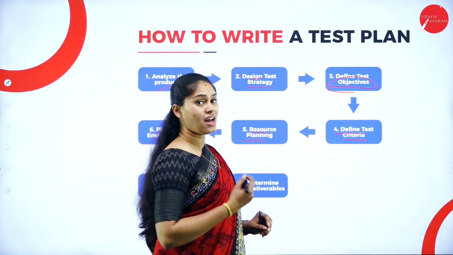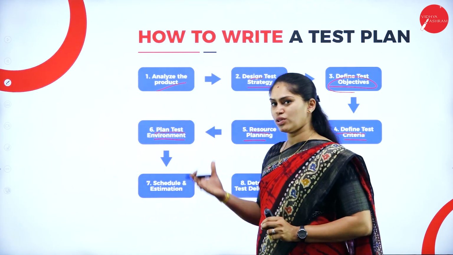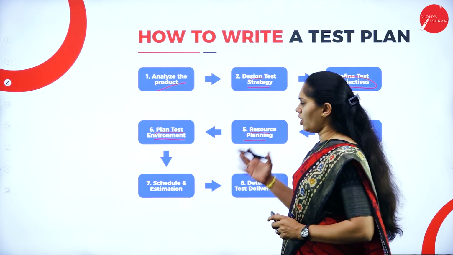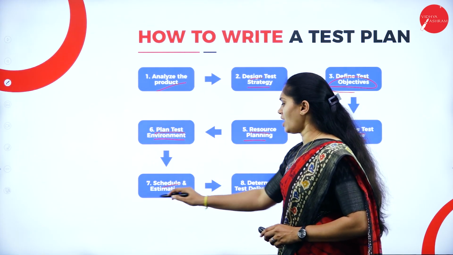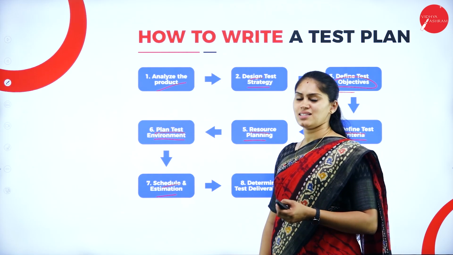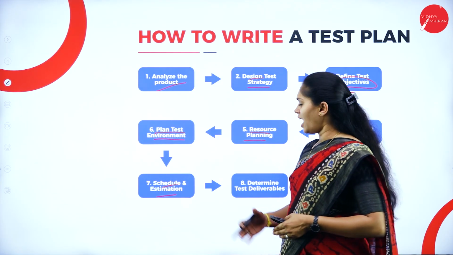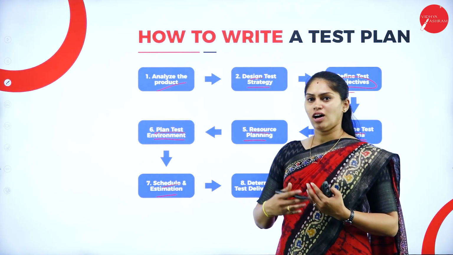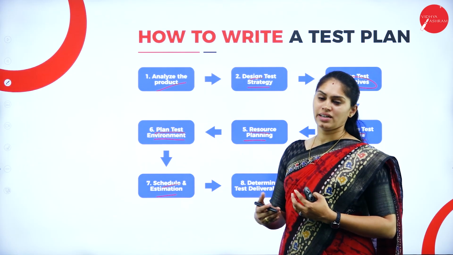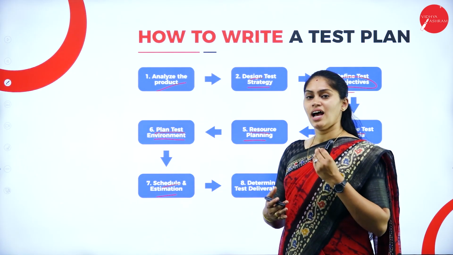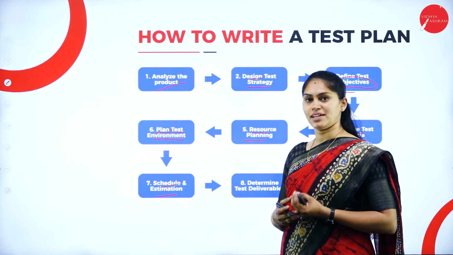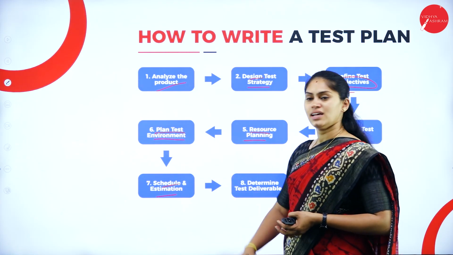We have to check the environment. Will it be suitable for all the environments or not? And also schedule and estimation. Scheduling means how much time it is going to take, and estimation is regarding how many days it will take to deliver the product or project, and what the estimation is related to cost. All those things will be covered here.